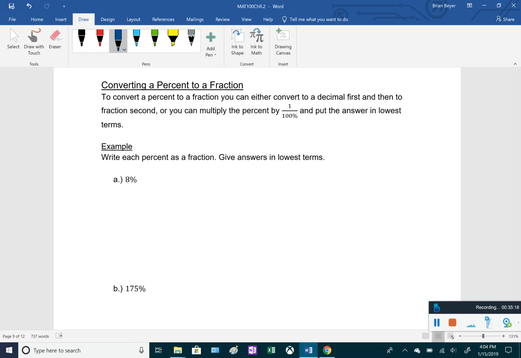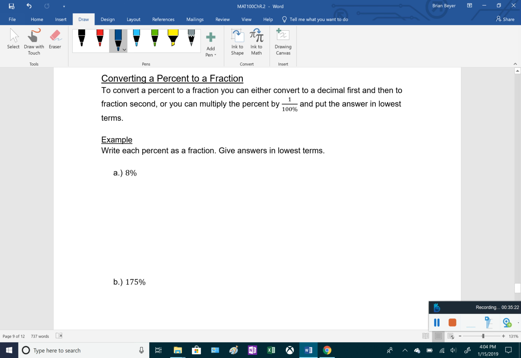Okay, so let's do that. Let's convert 8% to a fraction. We need to multiply this by 1 over 100%. So this is going to give us just 8% over 100%. So the percents cancel.